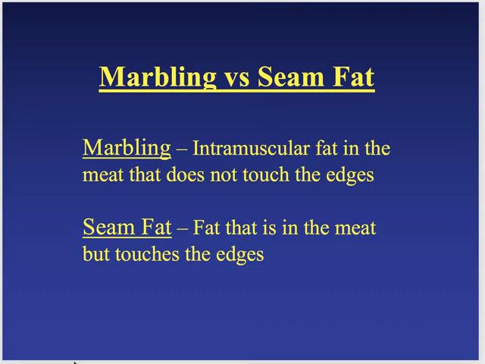Most muscles within the beef carcass, or an animal carcass as a whole, always have some type of tissue. Some of it's very thin, some of it could be a lot of fat tissue that lines in between all those muscles. When we're seeing that seam fat, we're actually seeing a definition or a line that we can essentially draw to say this is one muscle, and then here is another muscle.